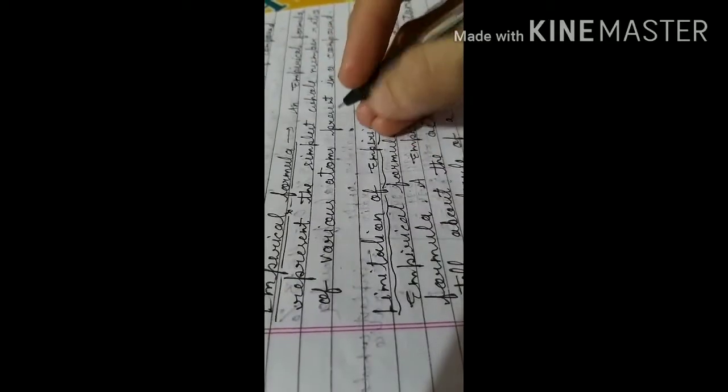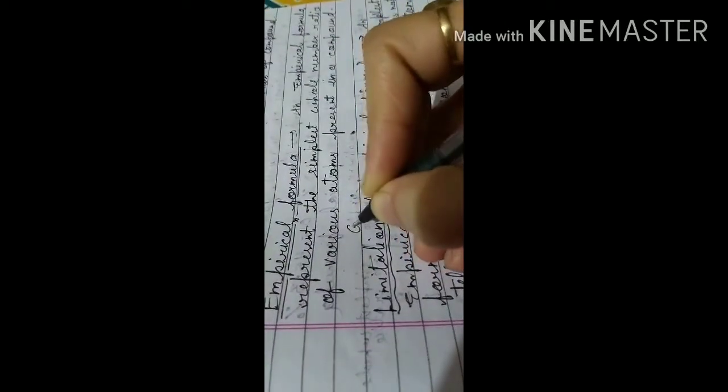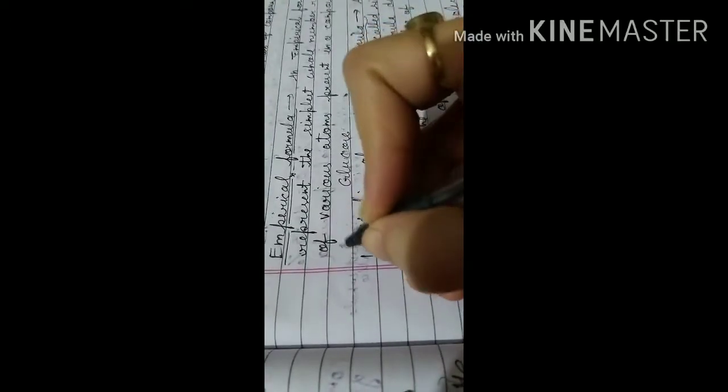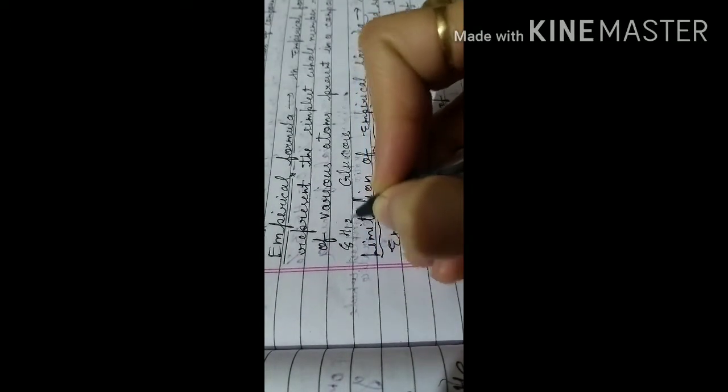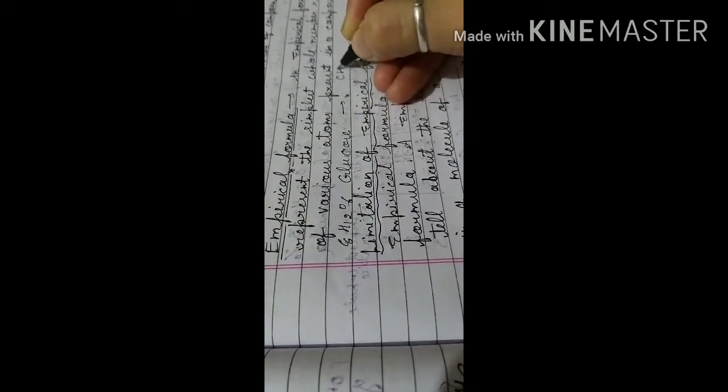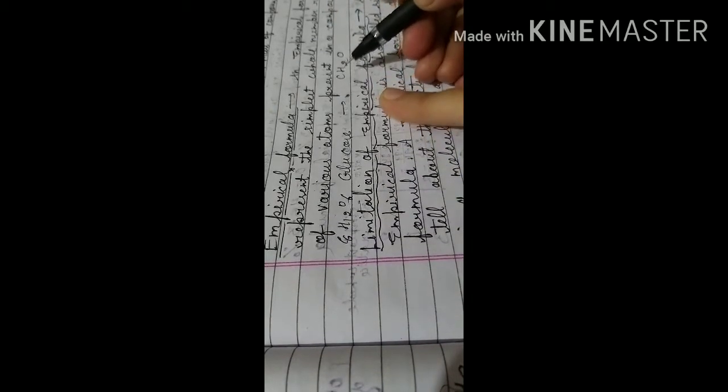Suppose we talk about glucose. Its actual formula is C6H12O6, but suppose I write CH2O. This indicates the whole number ratio of the different elements present in this compound.